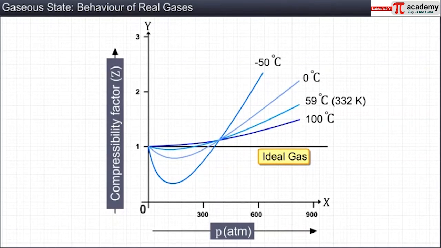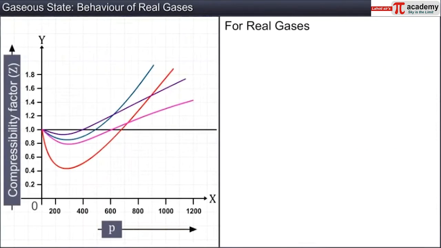Let us see another significance of the compressibility factor. We know that compressibility factor for a gas is calculated as Z = PV real divided by nRT.